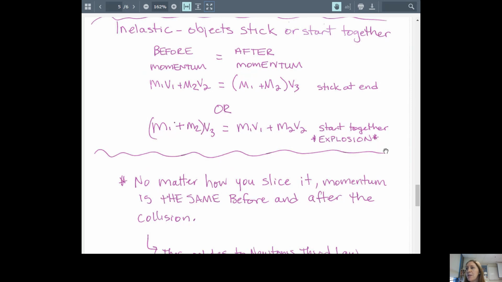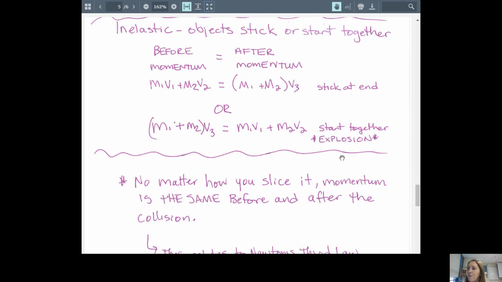But you could also use the same exact equation, just flip the left and the right in terms of are you starting together with the same velocity or not. And that is still using an inelastic collision equation, but we sometimes call those explosions.